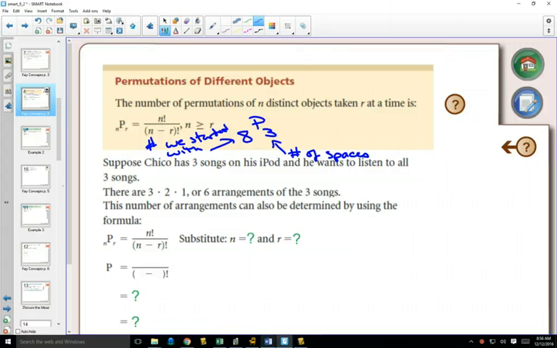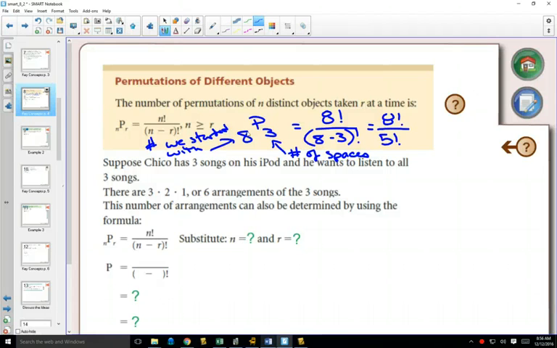According to the formula, nPr, or 8P3, is equal to n factorial over n minus r factorial. So 8P3 would be 8 factorial over 8 minus 3 factorial. And 8 minus 3 is just 5, so this is 8 factorial over 5 factorial.